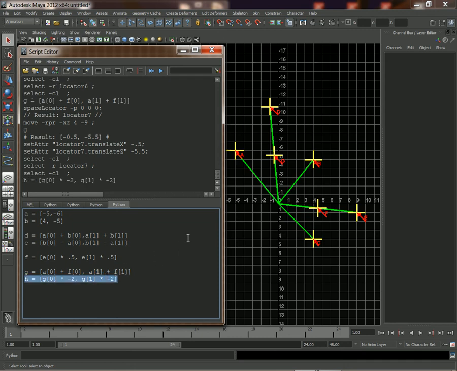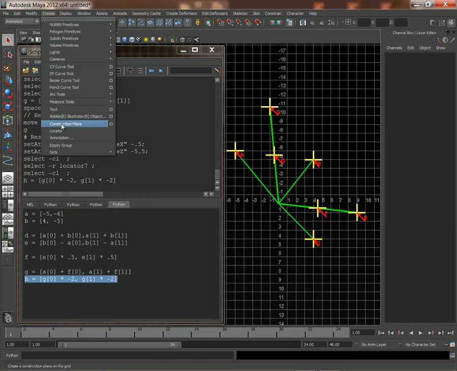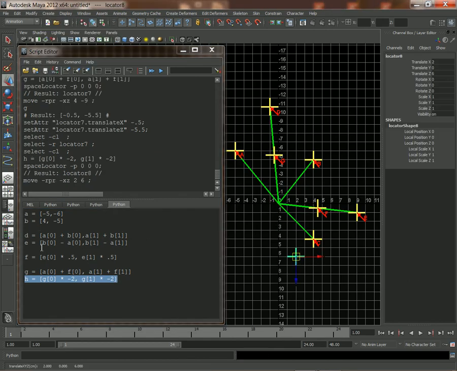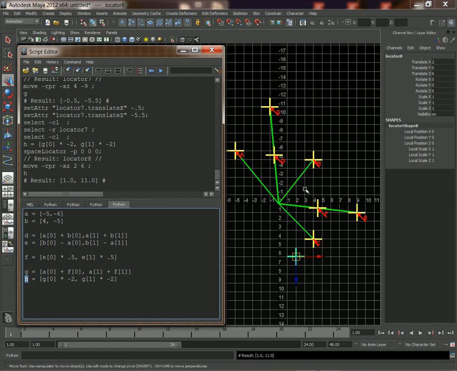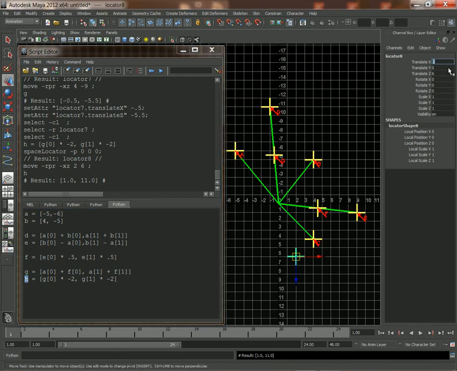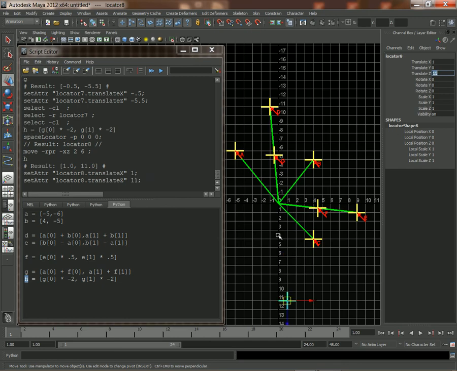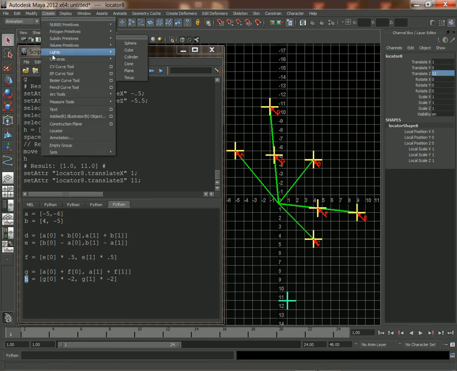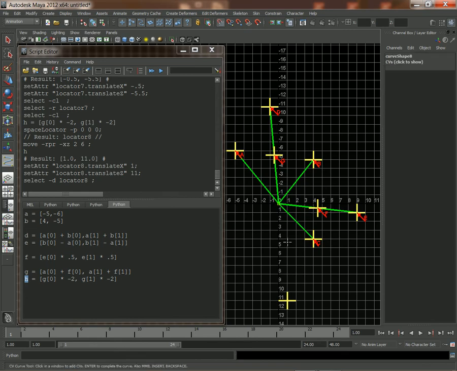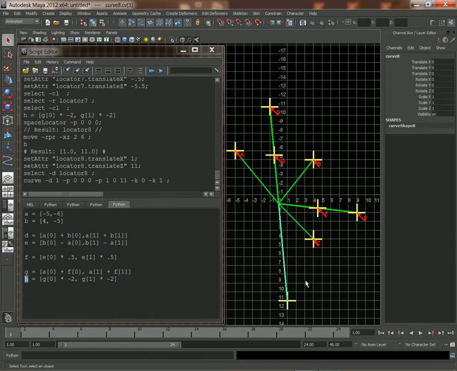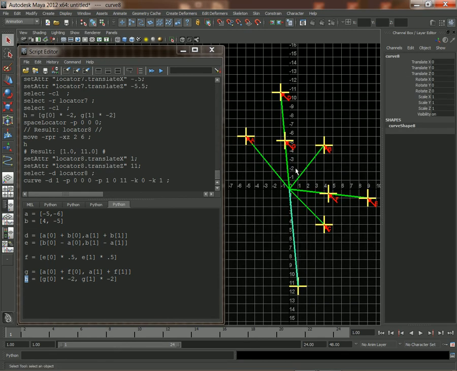Which give us this point here. So H is now at 1x and 11z. So G in the exact opposite direction, but scaled by negative 2 would give us this point here, which is simply twice the length of G.